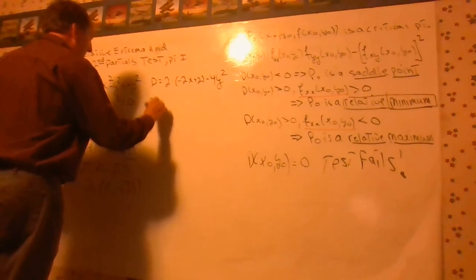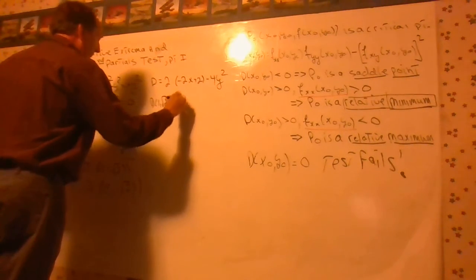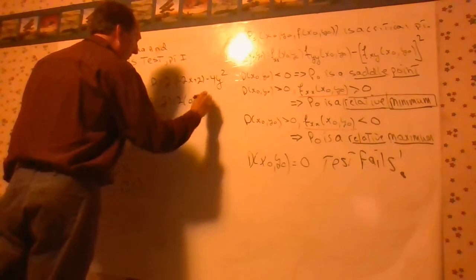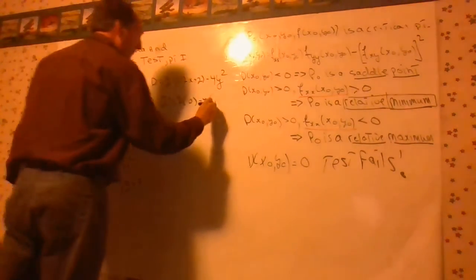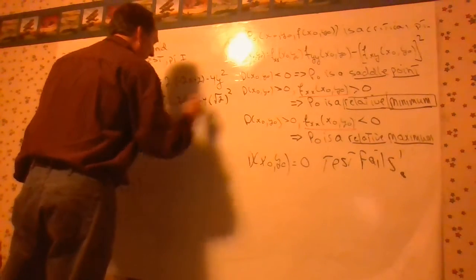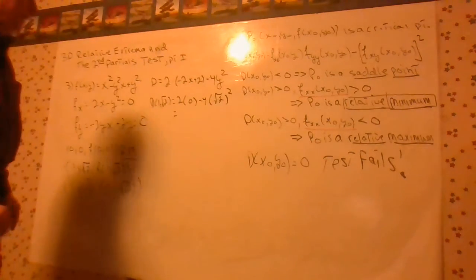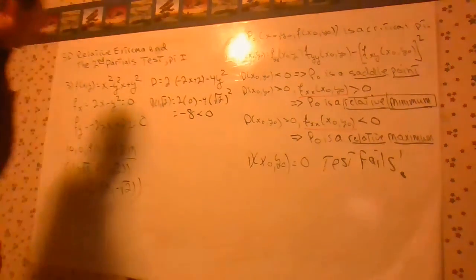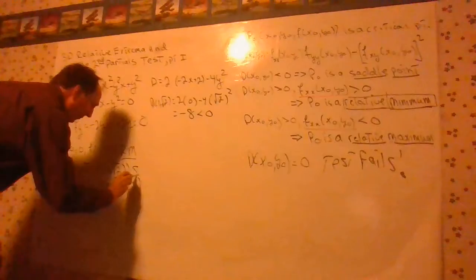D of (1, radical 2) is 2 times, now if we plug 1 in, we get 0, minus 4 times radical 2 squared, and that's 2, that's negative 8, less than 0, and guess what, that is a saddle point.